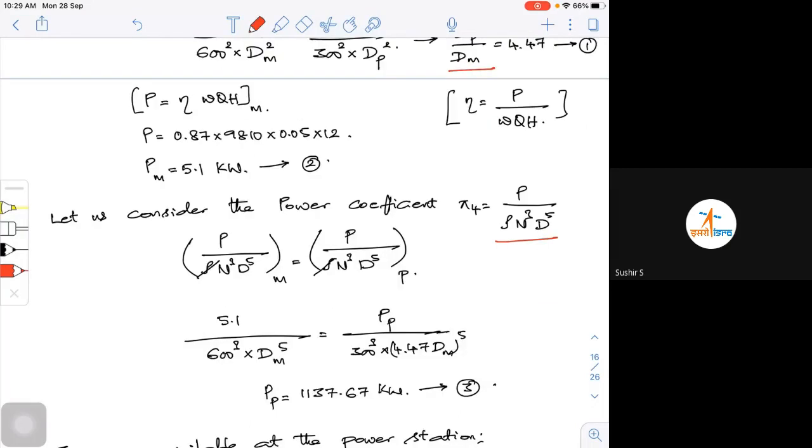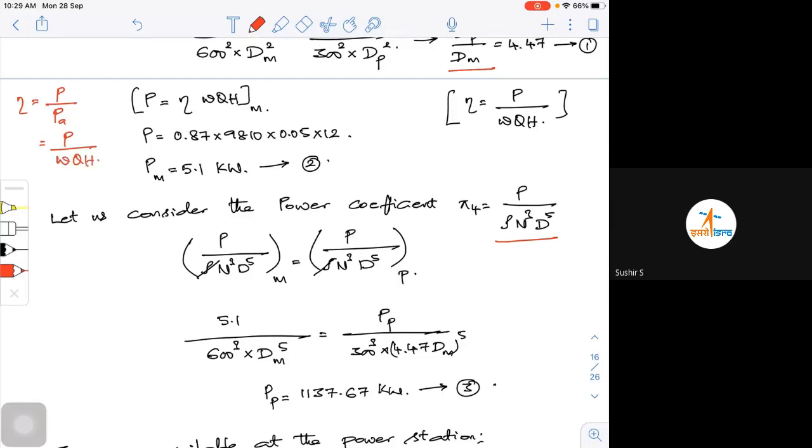So if I look at the model, what is the formula actually? See, this is an efficiency. Efficiency is nothing but your shaft power to your available power. So this is your available power. What is this actually? Shaft power divided by omega QH.